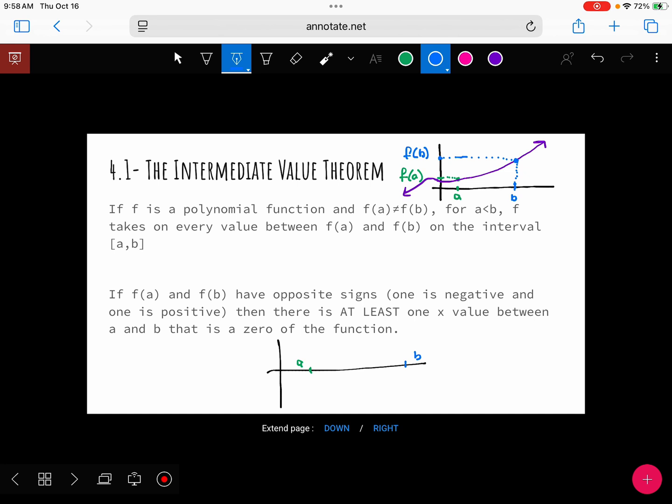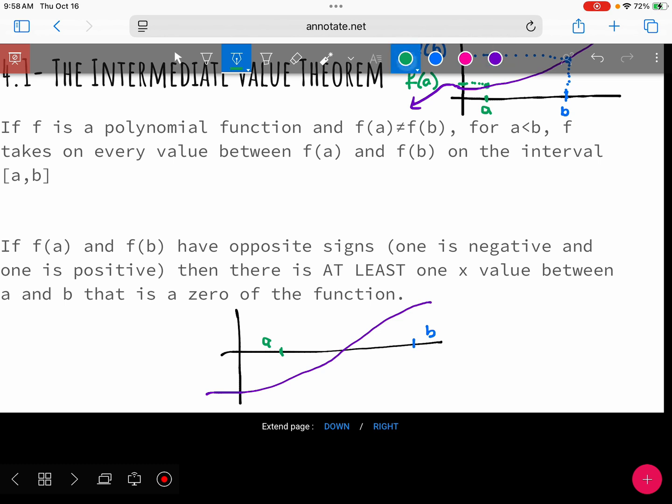We use it like this. Because if I have a function, and I know a and b, and I know their values, and let's say f of a is a negative number, so my f of a is less than 0.